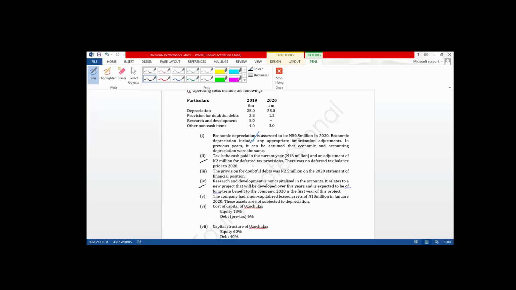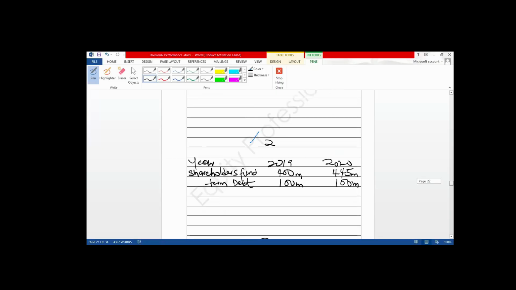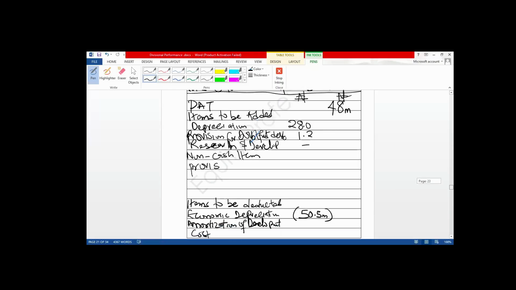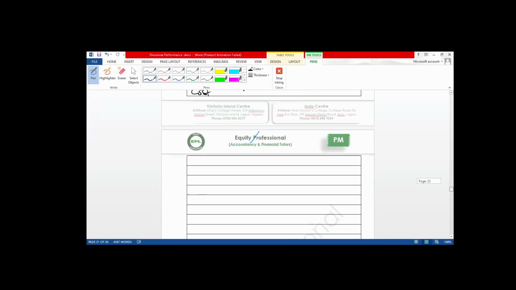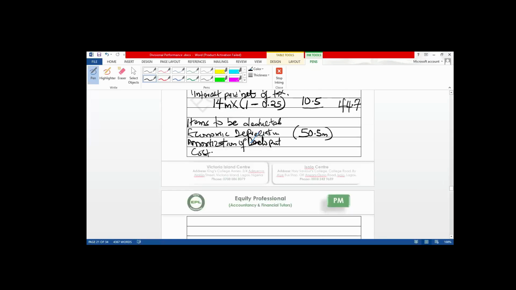You are going to spread it for 5 years. That is the meaning of amortization of cost. $5 million divided by 5.